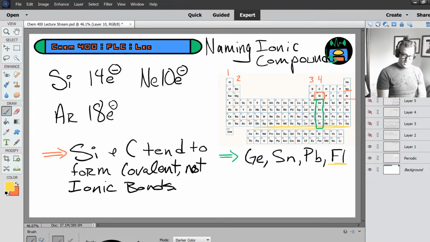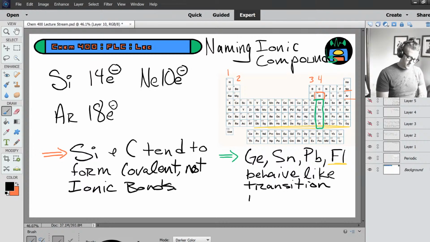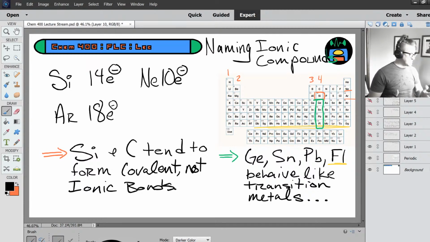These four elements behave like transition metals, and you'll notice that we haven't yet learned to name any compound that has a transition metal, which is actually where we're headed next.